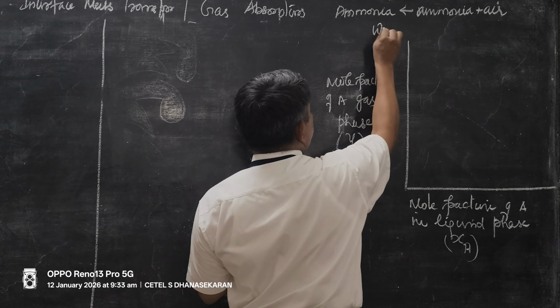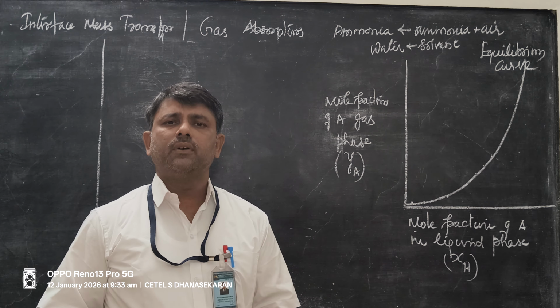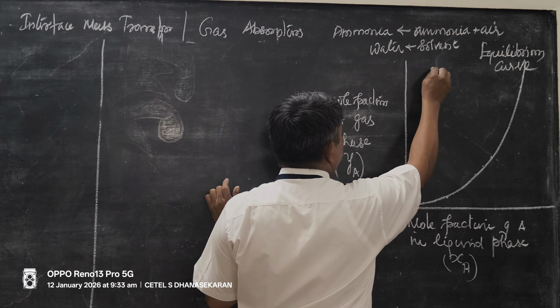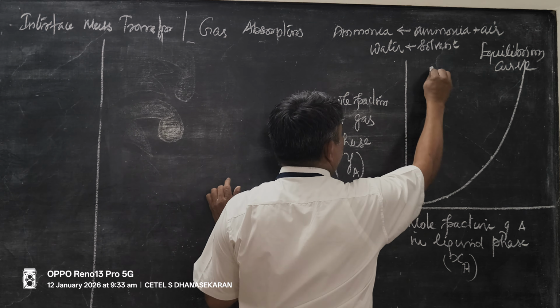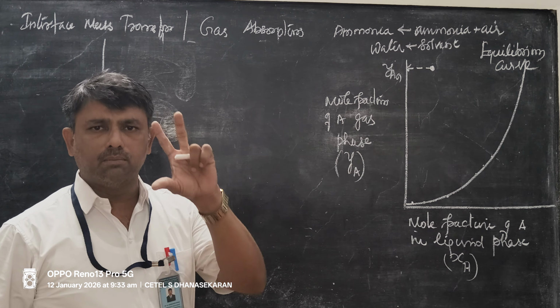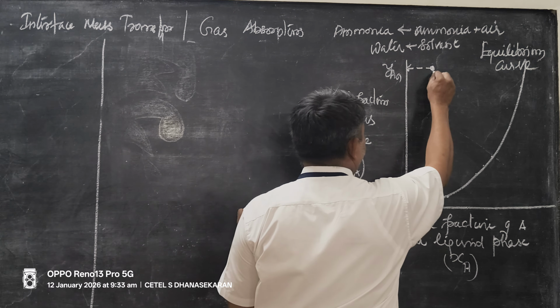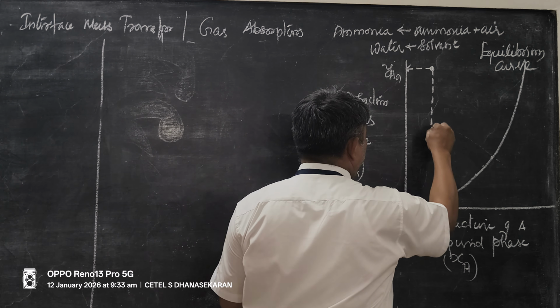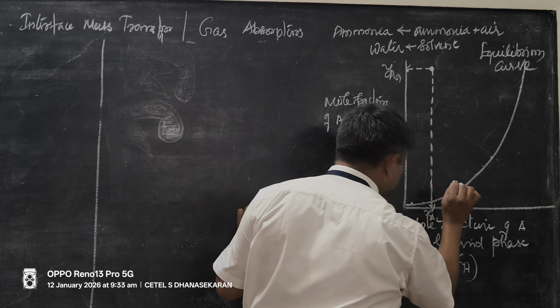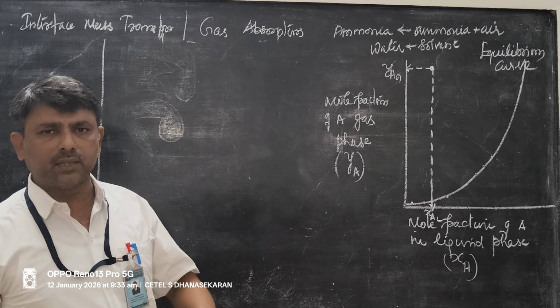Take a new PET bottle, inject a known amount of distilled water, and again inject a known amount of ammonia gas into the system. Now I have two new values used to locate one point. The point is YAG, the mole fraction of ammonia in bulk gas, and XAL, the mole fraction of ammonia in bulk liquid.